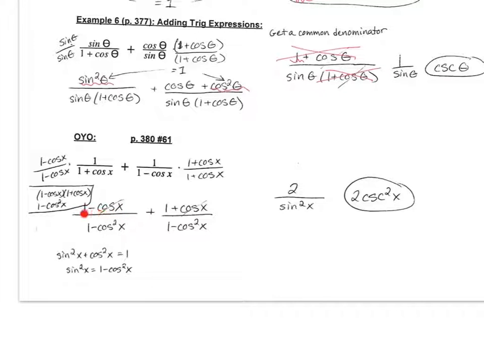So 1 minus cosine of x, since that's what I had to multiply 1 by here, and plus 1 plus cosine of x, since that's what I had to multiply this 1 by in the second fraction. Notice the cosines are going to cancel out, but that's just going to leave the 2's. So 2 over sine squared x is 2 cosecant squared x, remember, because sine is in the denominator there, and so it's a reciprocal function.